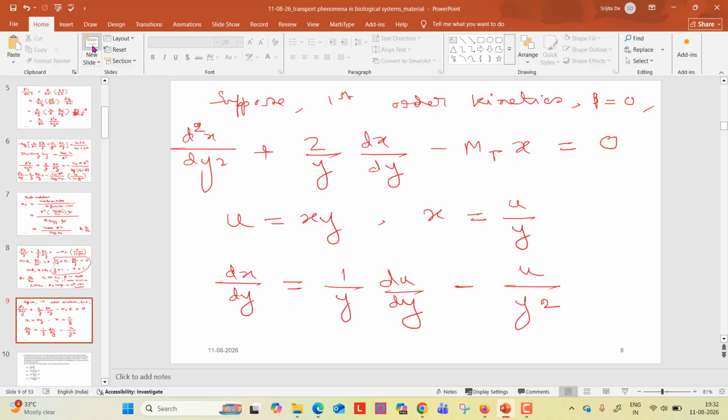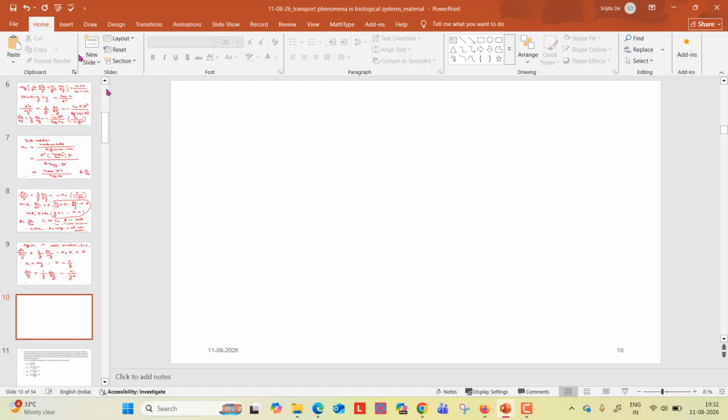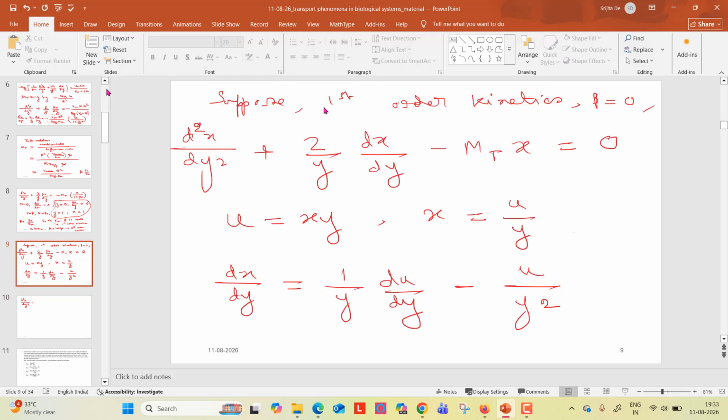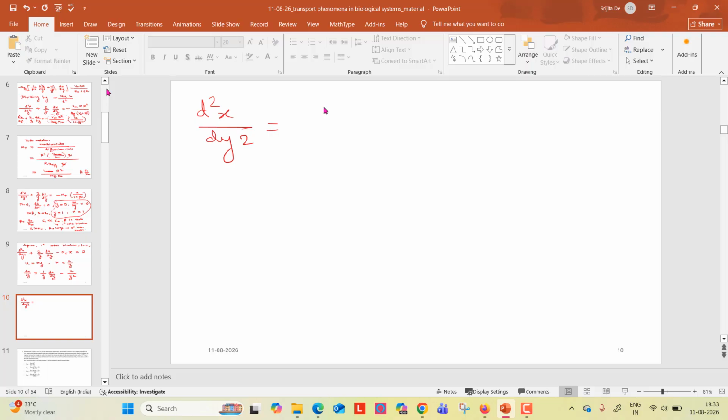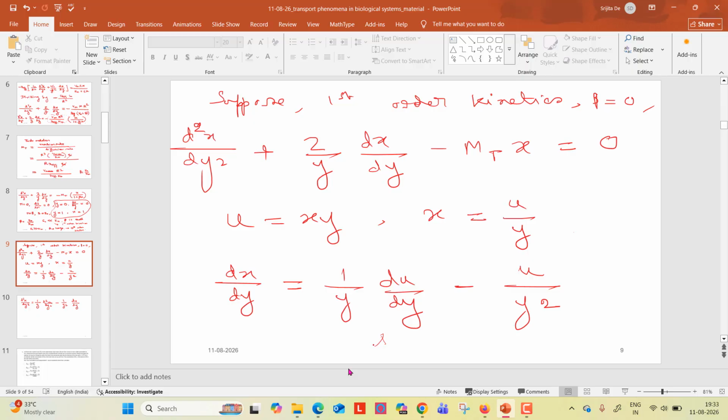Next, we will define the d2x/dy2 term. It will be the differentiation of this complete term, right? So there will be 4 terms. It will be 1/y d2u/dy2 minus 1/y square du/dy from the first term. From this first term, 2 differentiated terms are coming, and if you differentiate the second term, again 2 different terms will come.